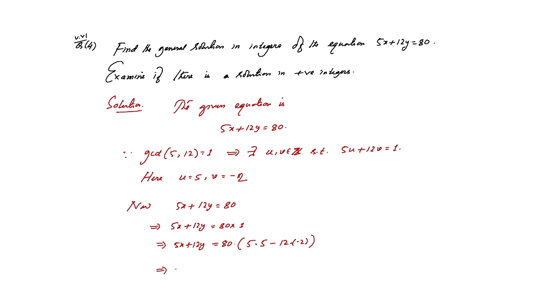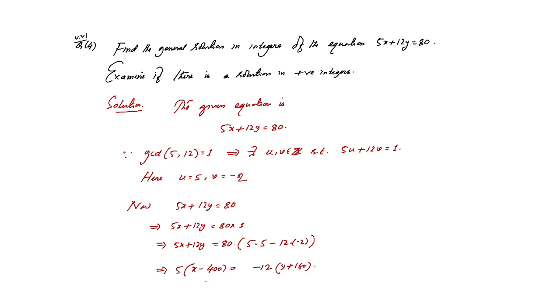That means we can write 5 into x minus 400 equals minus 12 into y plus 160.